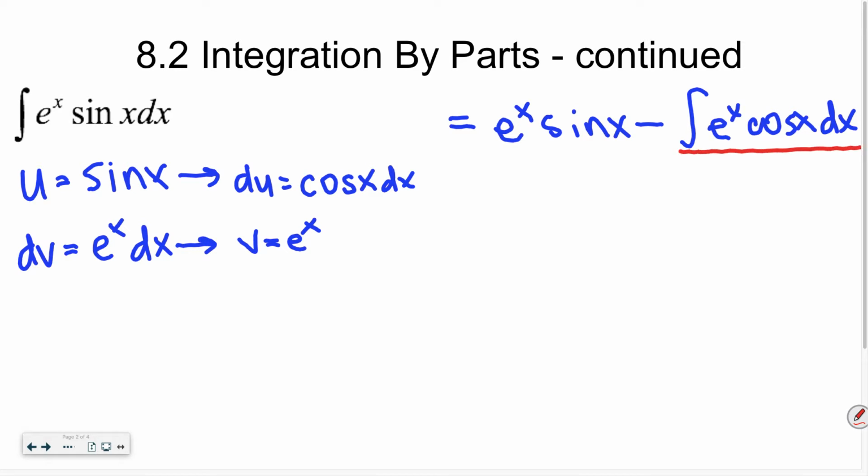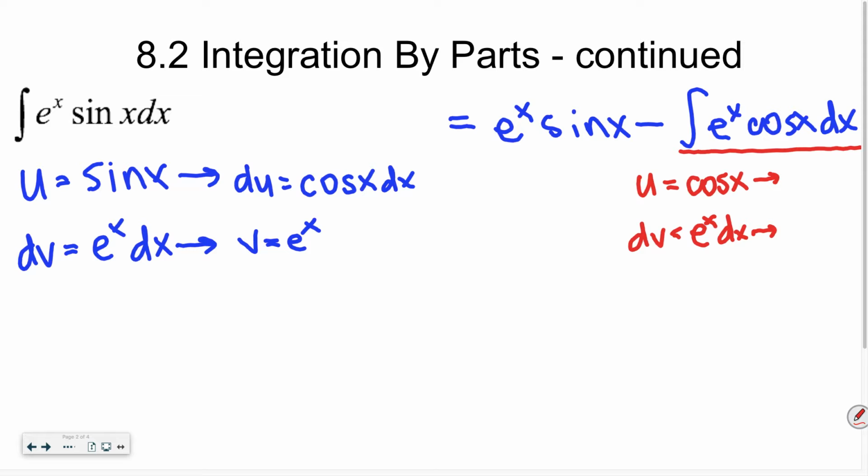So for this integral right here, what should we let u equal? Cosine of x. So our dv would be e to the x dx. And you can see how this is going to go similarly, because of those patterns that we have with the integration and derivatives.